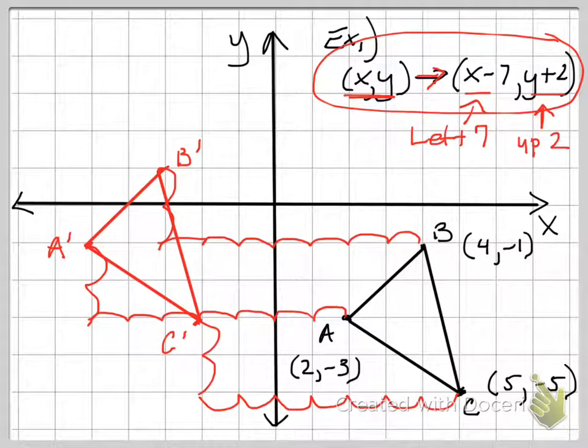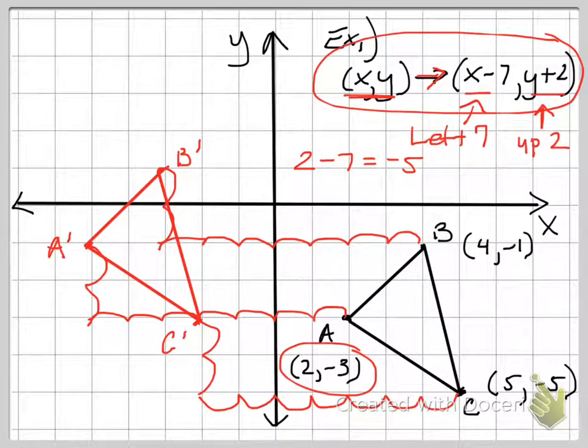But another way to do it is just doing it algebraically. If you took every point, let's take for example A, and you just applied it. Here, A, x is 2. So 2 minus 7 ends up being negative 5.